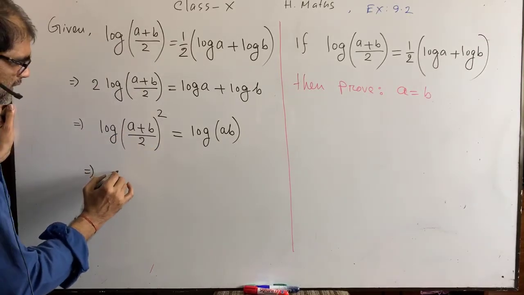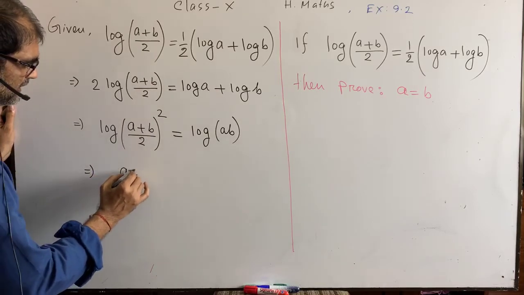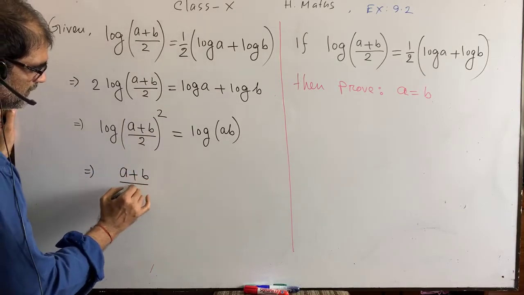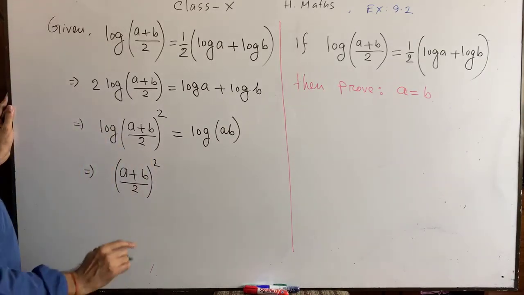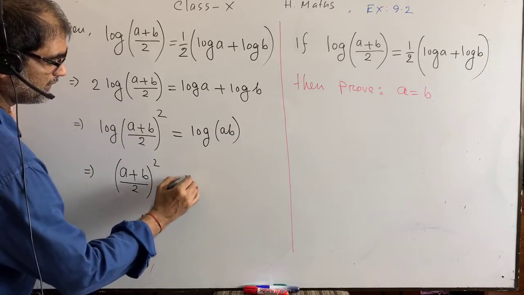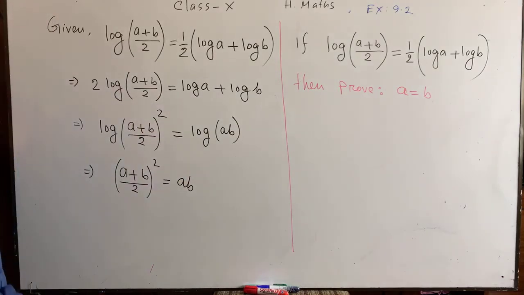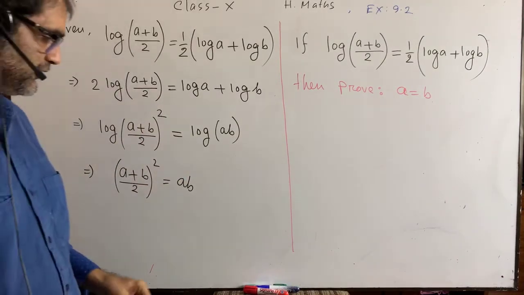Now we will be left with a plus b by 2 whole square is equal to ab. Please copy it, copy up to this.